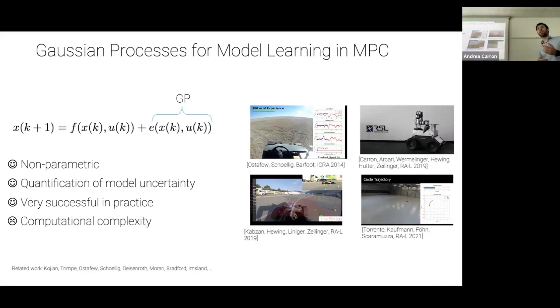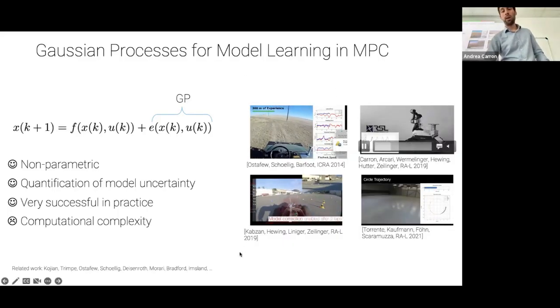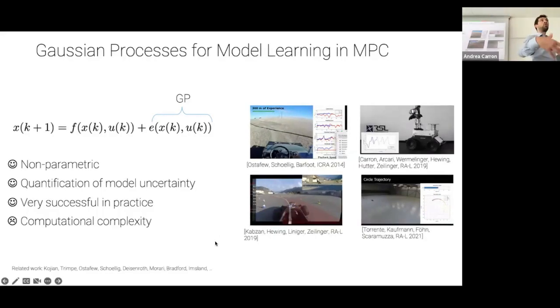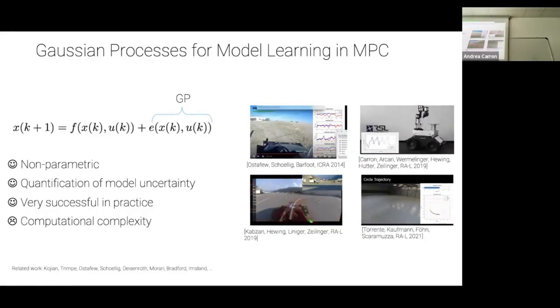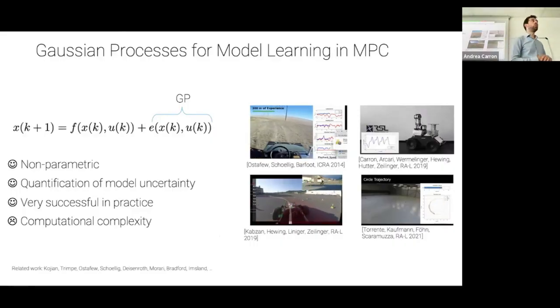So quite a few tricks are usually required if you want to use it with a large amount of data. But we can see here that we have deployed it in our lab on two platforms, a robotic arm and a Formula Student autonomous race car, and in other labs it has also been applied to drones or rovers.